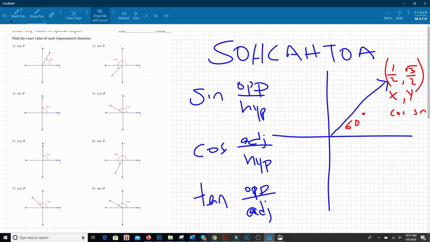Tangent is sine over cosine. So if we want to find out the tangent of angle theta, we're going to need the sine over cosine. So let me erase this part right here.